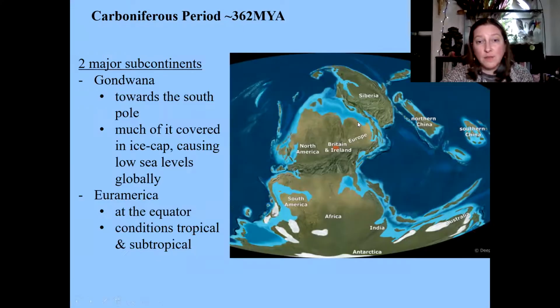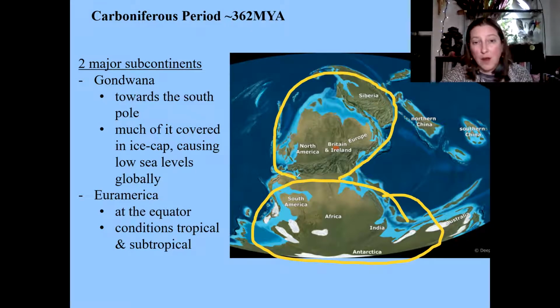And the reason why that's important is the two major subcontinents. You have Gondwana, which is like this mass, and then you have another subcontinent, which is Euramerica. In Gondwana, it was super cold, right?